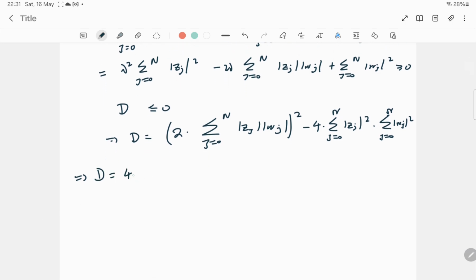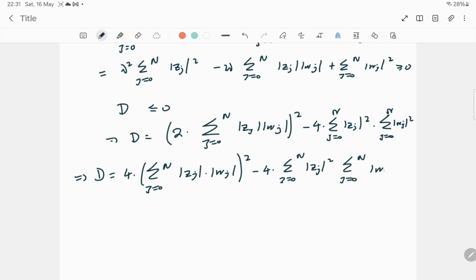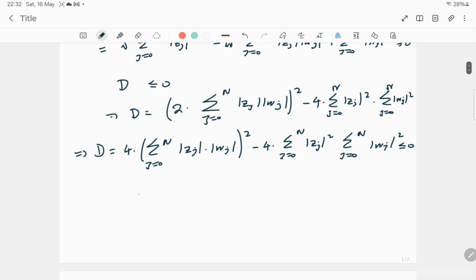The discriminant is going to be 4 times the summation from 0 to n of |zj| times |wj|, to the power of 2, minus 4 times the summation from 0 to n of |zj|² times the summation from 0 to n of |wj|², and this should be less than or equal to 0.